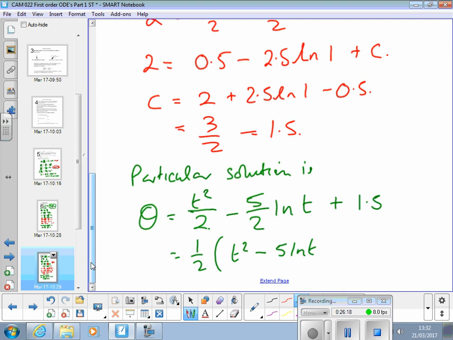So he's made that 3. If you multiply that out, you'll end up with 1.5. If you had that question in the exam, I'd happily accept that as the right answer.